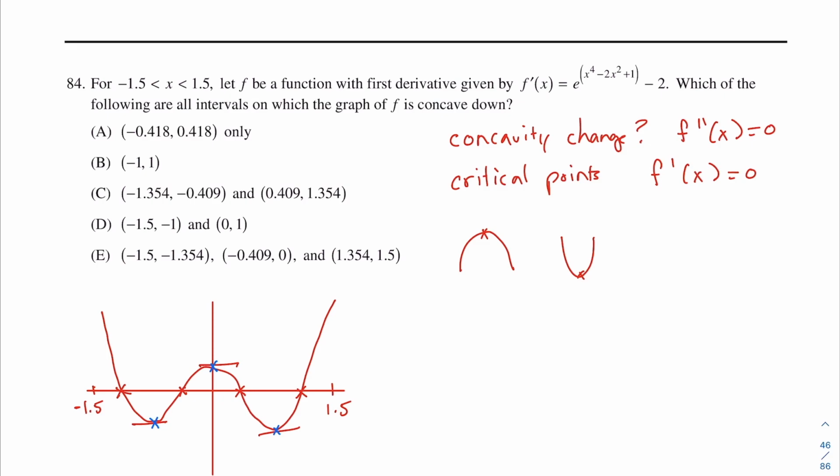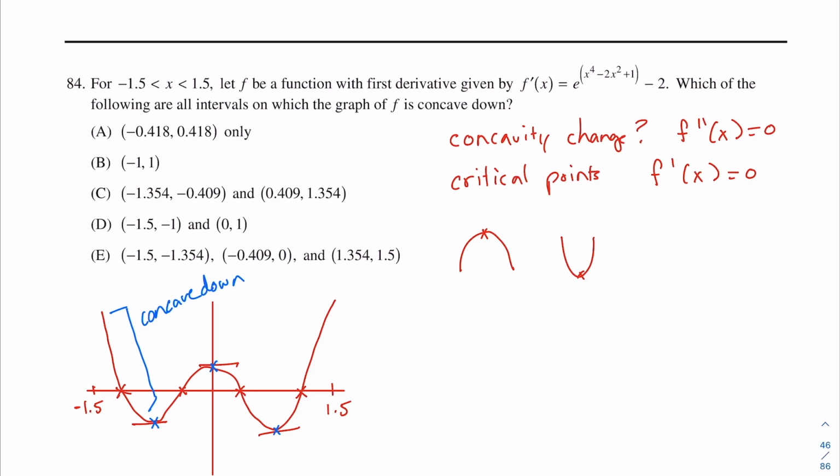So looking at our intervals here, starting all the way from the left, we have positive slope. So you don't want to get confused. Well, it seems like this is decreasing, but we're looking at f prime of x, which gives us the slope of our graph of f. So all these are positive slopes up to our critical point, and then after the critical point, they're all negative. So this whole region is concave down.